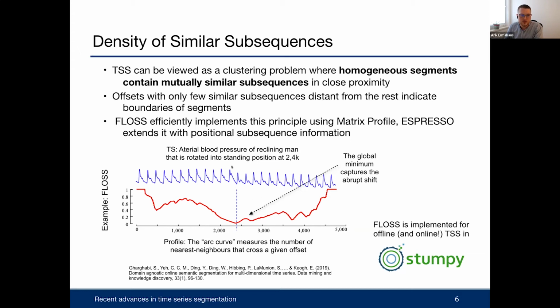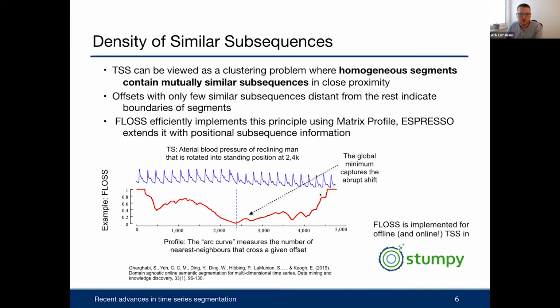In the example, we see that in the first segment we have a lot of subsequences that actually look the same. Then we can find the point where all of the similar subsequences are contained on the left side, and none, or very few, are contained on the right side. And this, of course, can also be measured.